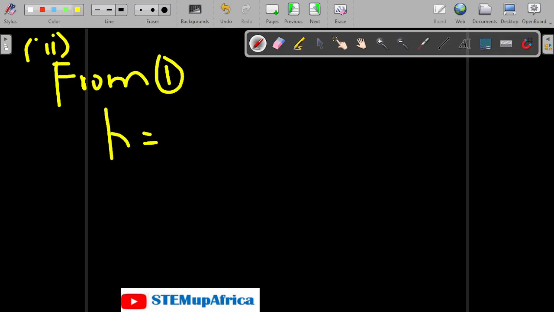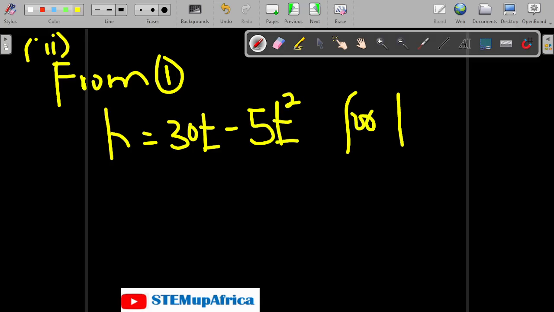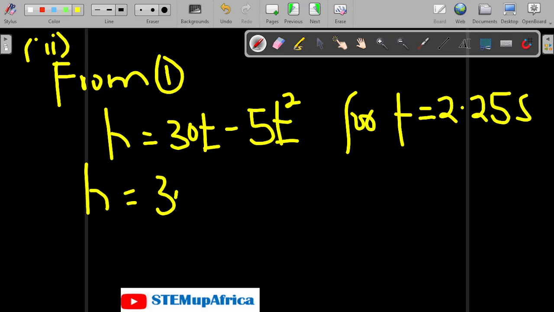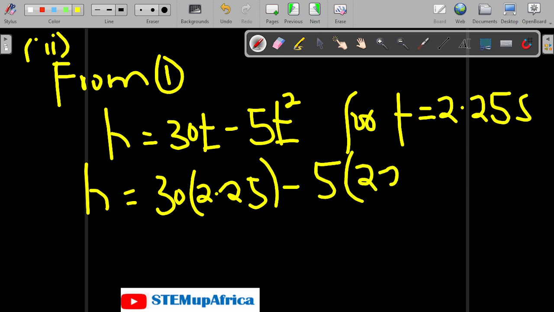My h is 30t minus 5t squared, for t equal to 2.25 seconds. So the h becomes 30 brackets 2.25 minus 5 into 2.25 all squared.